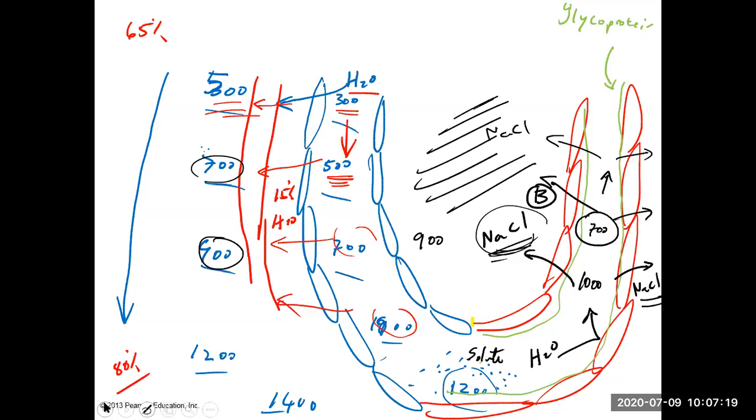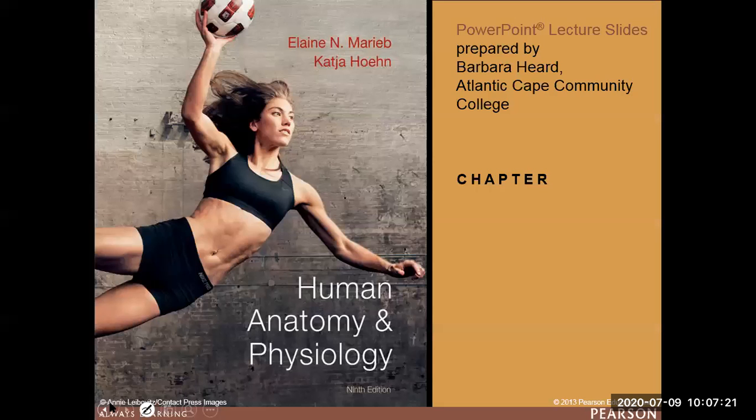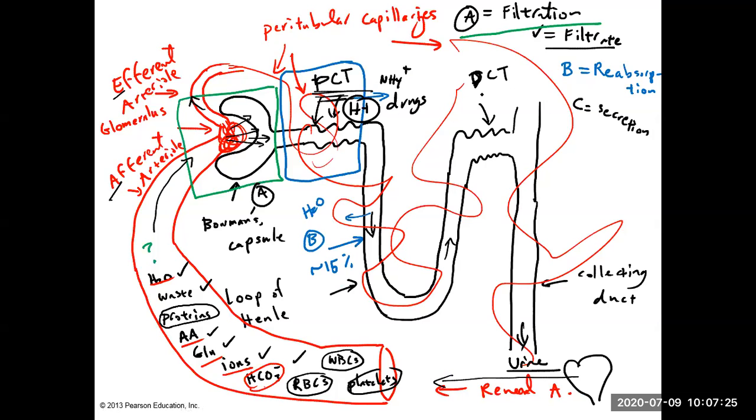We can go ahead and take a look at the last portion, this part right over here, the distal convoluted tubule and collecting duct, which operate via a hormonal mechanism.